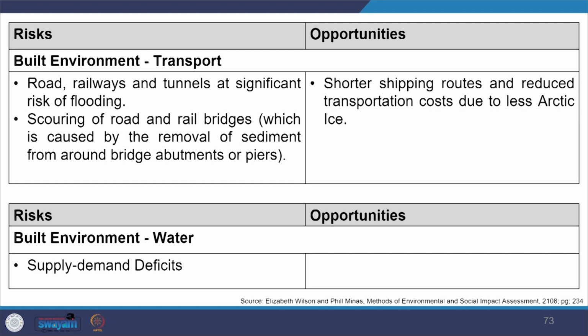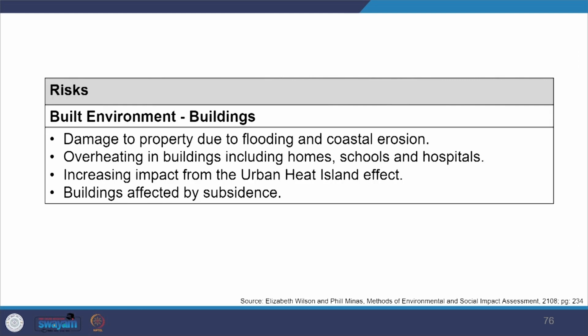Likewise, you can see the risk for building projects. There can be damage to property due to flooding and coastal erosion. Then you can have overheating in buildings including homes, schools and hospitals and so on.